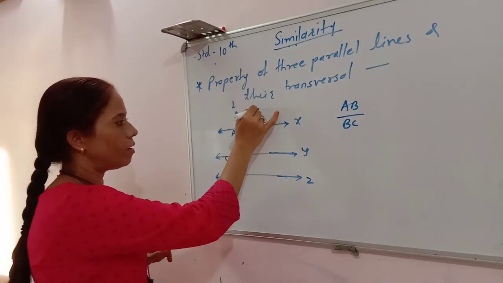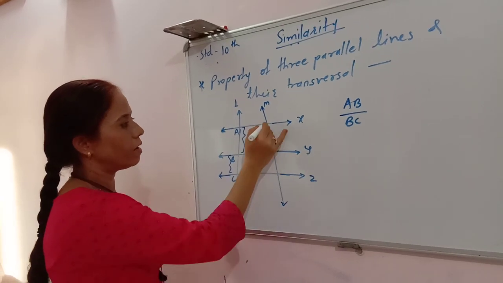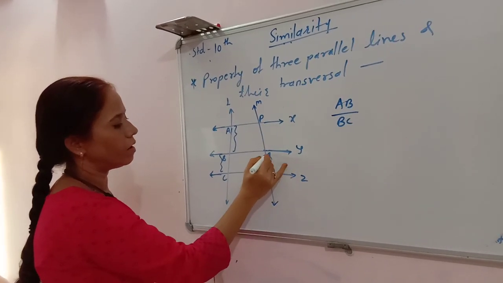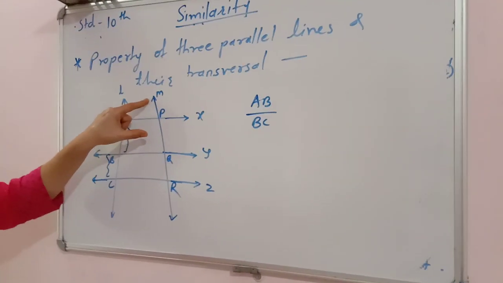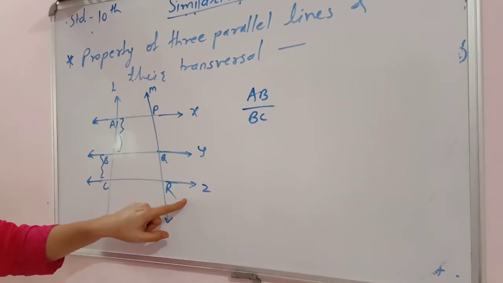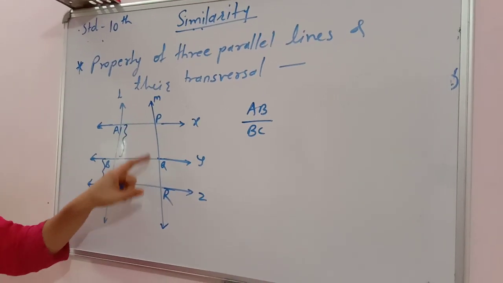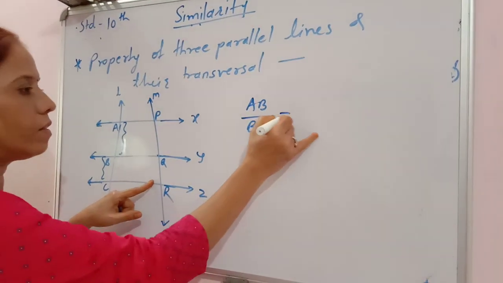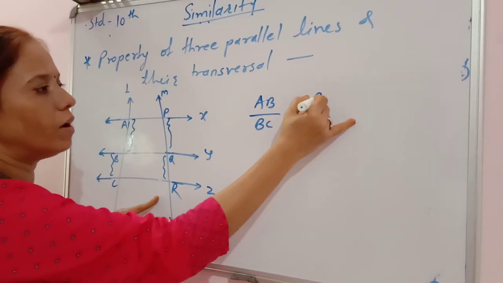If I draw another transversal here, transversal M, with points P, Q, R, these are the intercepts made by this transversal on the same parallel lines. The ratio of these intercepts is equal to the ratio of those intercepts, that is PQ and QR.